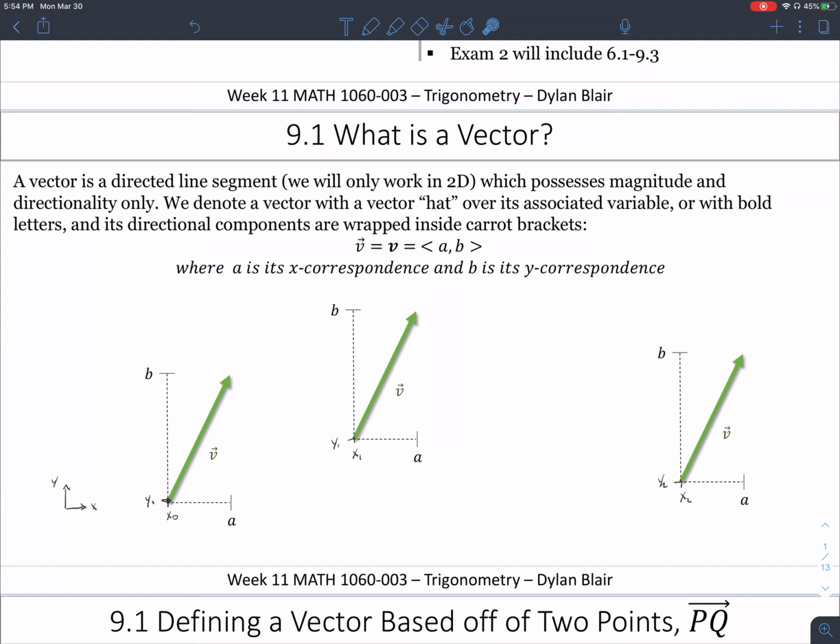When you see me write it, I'll always put the vector hat over the top because it's very difficult to draw bold letters clearly. And then to the right hand side of the equal sign, you have your horizontal component, which is this A. So that's saying that we are going to the right by A. And then we have our vertical component, which is B. So it's saying that we're going up by B.